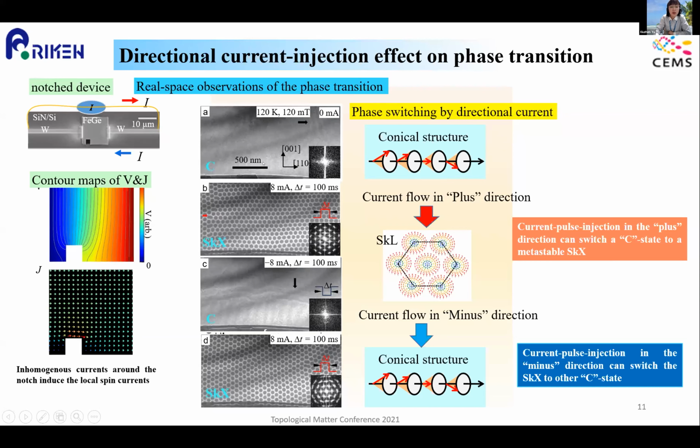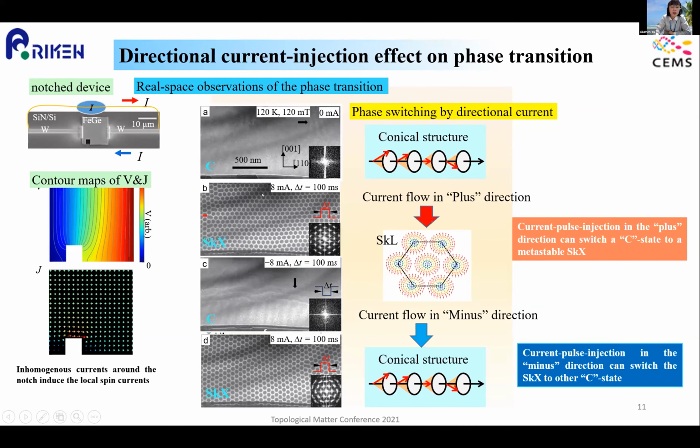At the initial state, we create the conical, non-topological state, shown here, and we just inject one current pulse. The current direction flows from the left to the right.